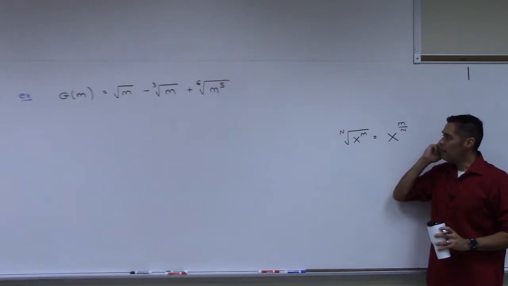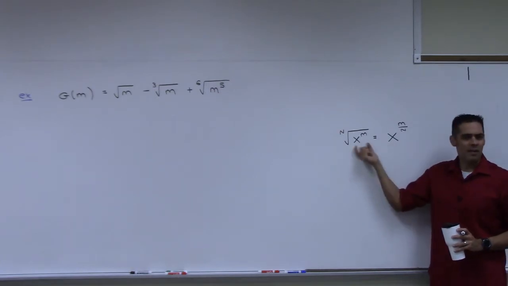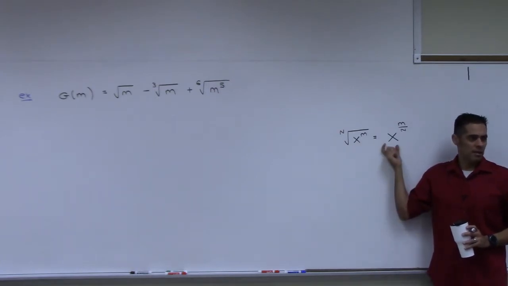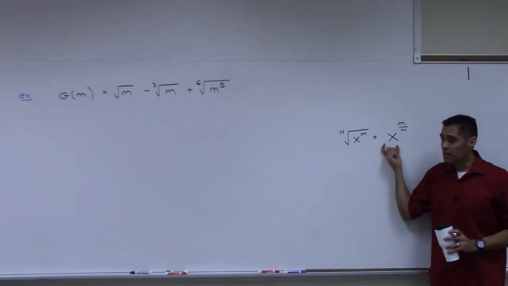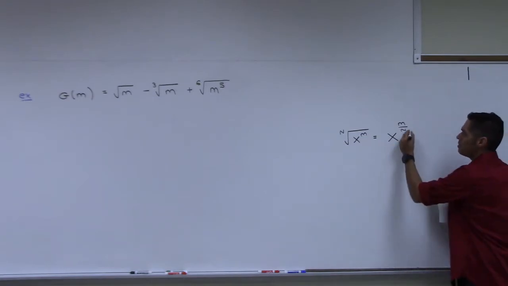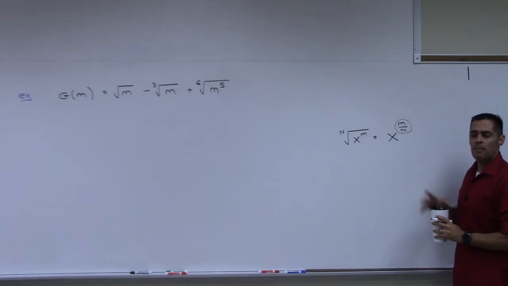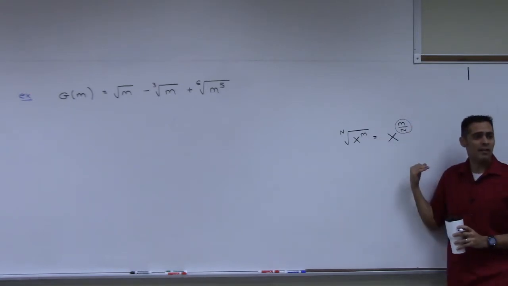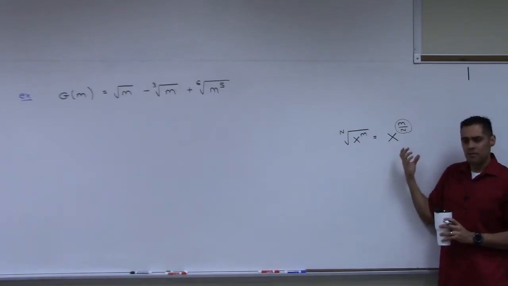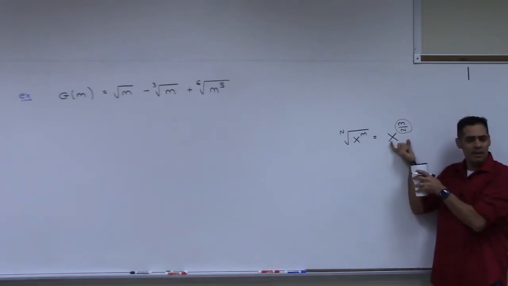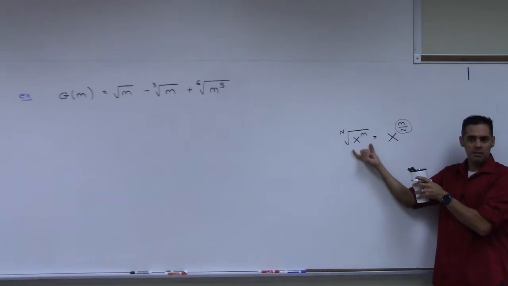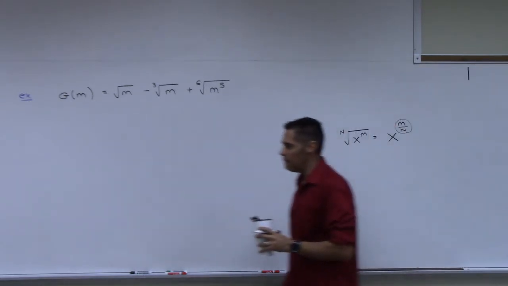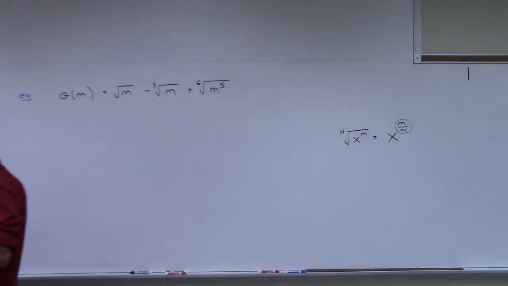Back in algebra, you're not clear why you would want to do this. But now in calculus, this up here is a power, isn't it? And the power rule tells us that if we have x to a power, the power comes out and then we subtract 1, don't we? Now it's more useful to write things like this than like this. So we've got to be comfortable with that formula.